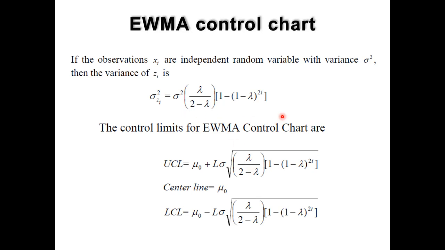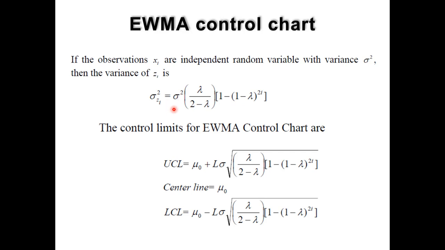So take note here, this part, the whole thing, is variance. So you're going to take the square root of the variance for the Ewma z statistic. So the Ewma z statistic variance is actually the standard deviation to the power of 2.